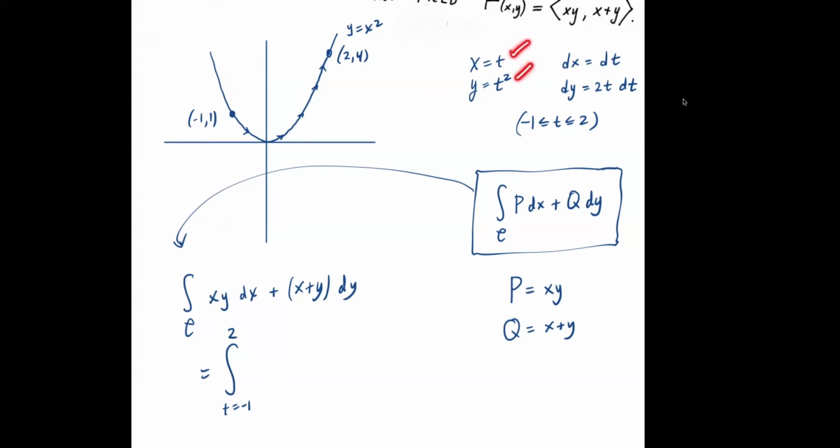Here's x, y, dx. So we get t times t squared, and dx is dt. Here we're going to substitute (x plus y) times dy. So x plus y is t plus t squared, and dy is 2t dt.